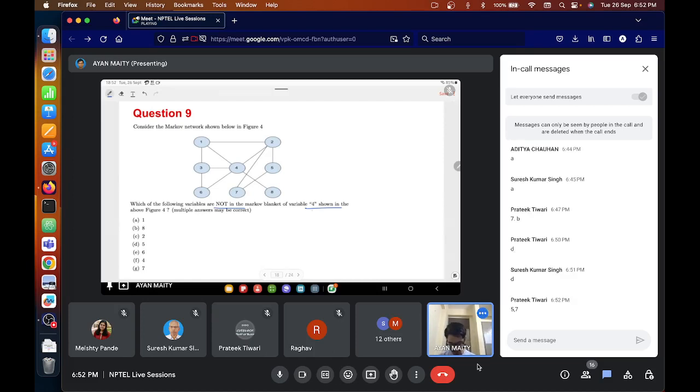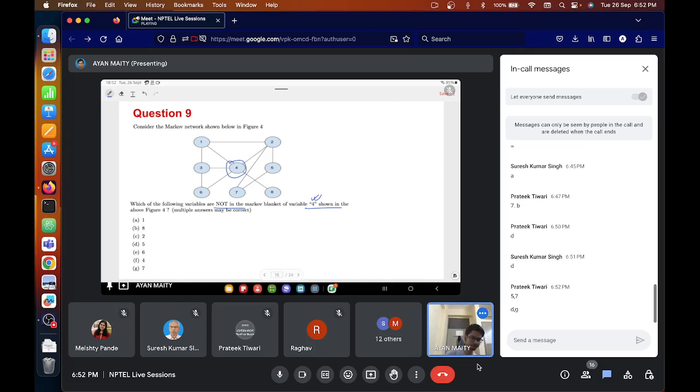So for the variable 4, which is here, which nodes are not in the Markov blanket of this variable 4? Pratik says 5 and 7, option D and G. Shankalal is also saying option D and G.